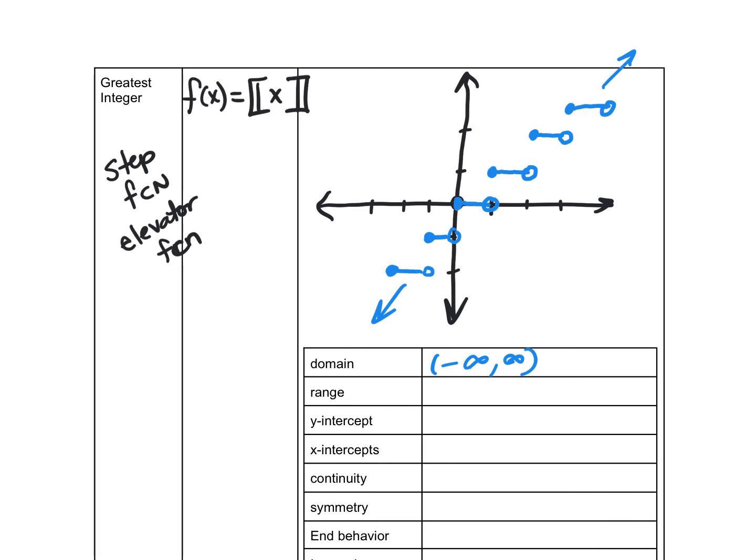However, comma, what is the range? 0, 1, 2, 3, 4, -1, -2, -3, -4. What do we call those? All the integers. It's all the integers, isn't it? So how do we write that? Y, such that y equals n, where n is what? An integer.